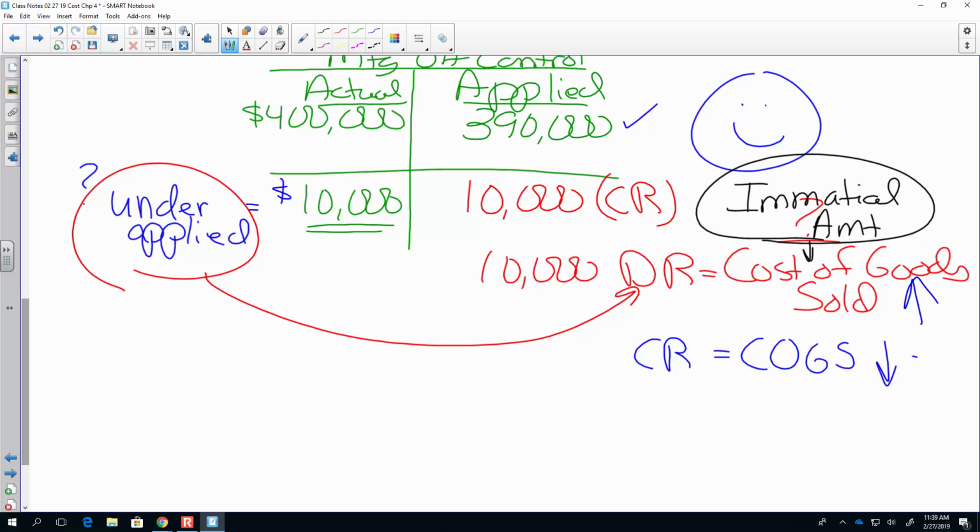If it's immaterial, it's small. It's little, not much. If it's material, it's large, right? So if it's a small difference, and they're considering the $10,000 to be a small immaterial difference, it's going to be debited or credited to cost of goods sold.